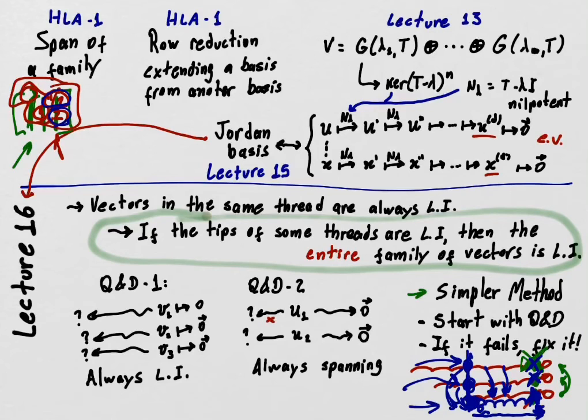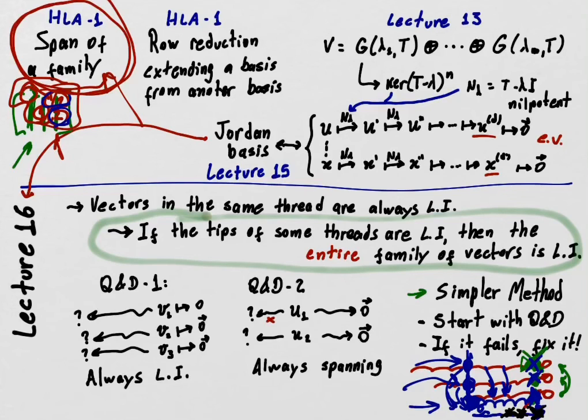Okay? When? We don't know exactly when. At latest it will be here, but maybe before, you start getting zeros, which means you reduce the number of vectors in your collection, and you did it without changing the span of this family. So it's a very efficient reduction. If you keep applying it again and again and again, eventually you have a collection of vectors that still spans the same space.